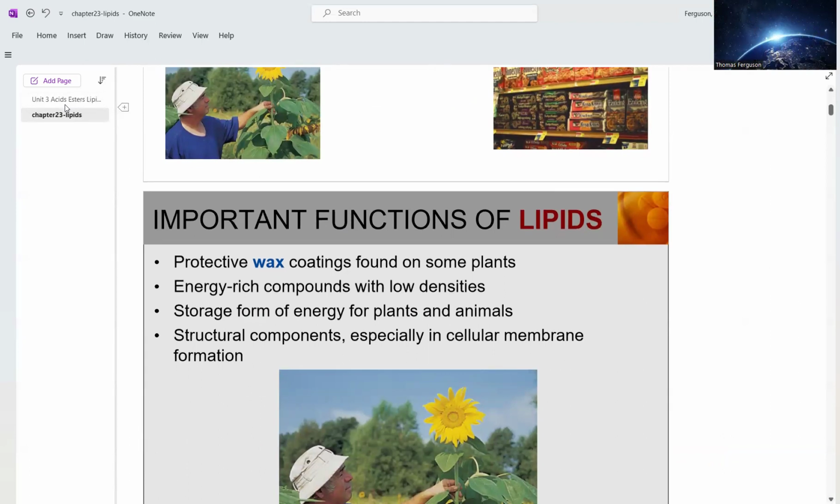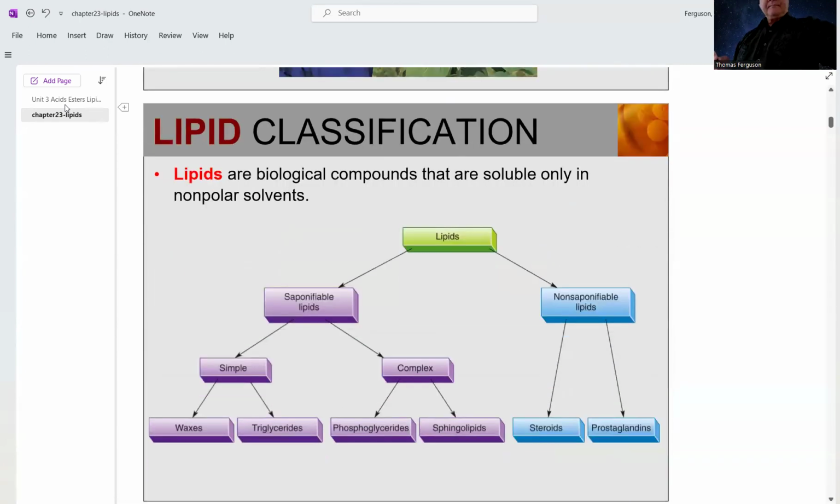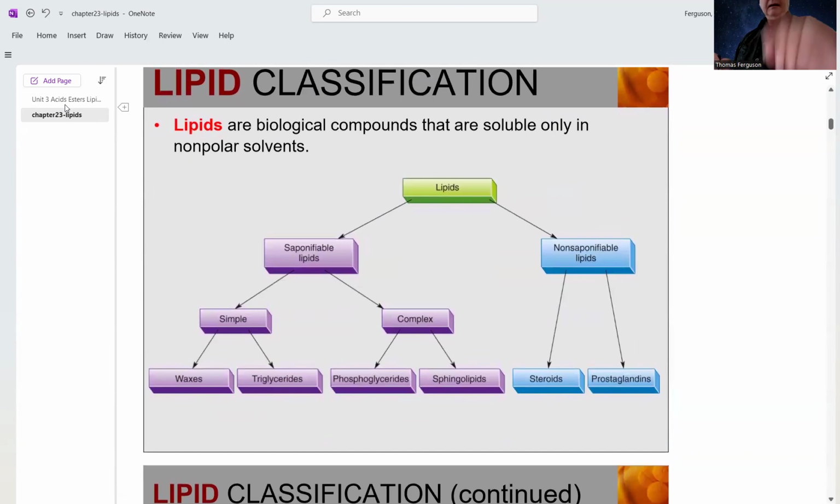Lipids are really some of the older biological molecules studied, and that's why most of the lipids go by common names because they were named before the IUPAC came into being. There are two main classes.